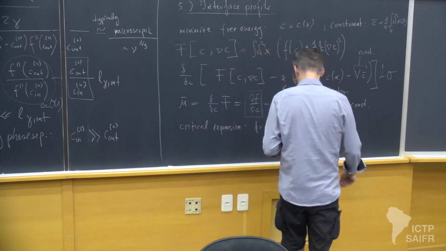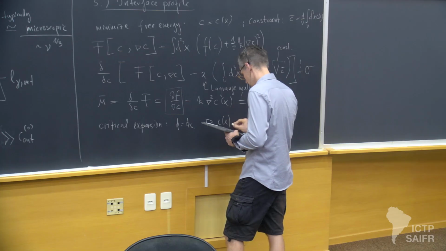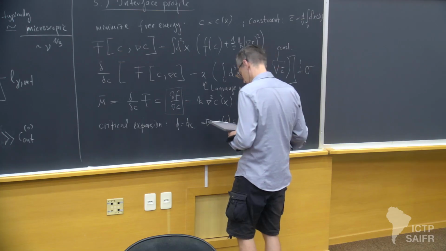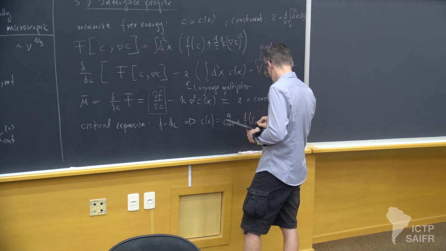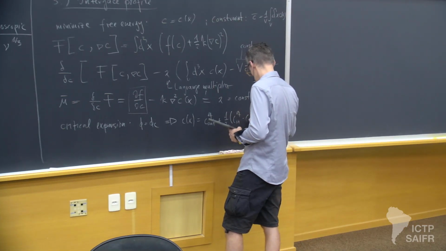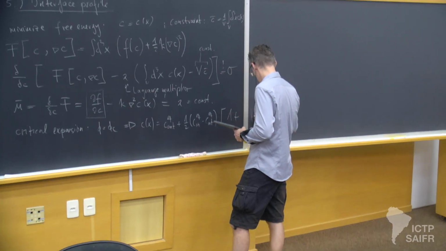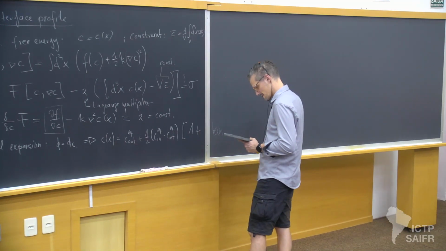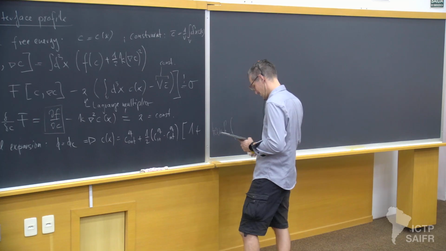is a very famous solution, and this is C of x, C out EQ. It's a different board now.